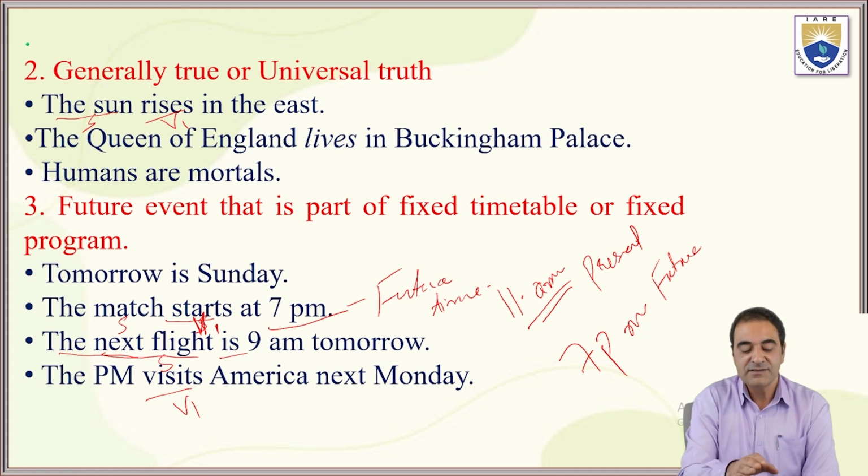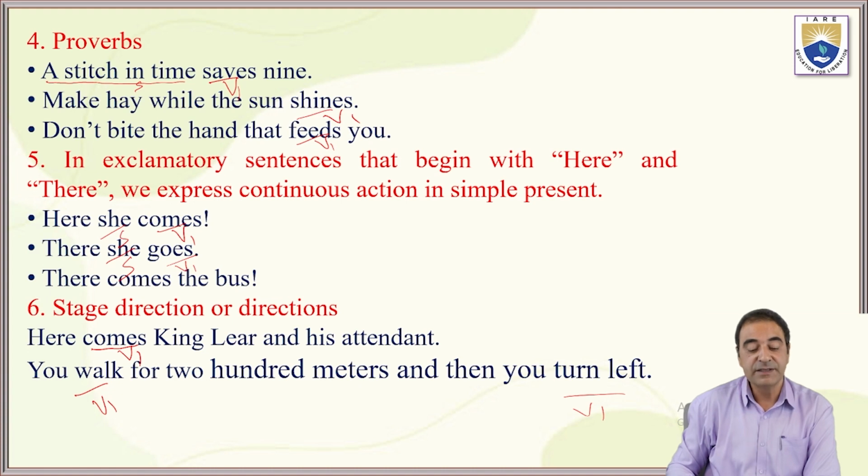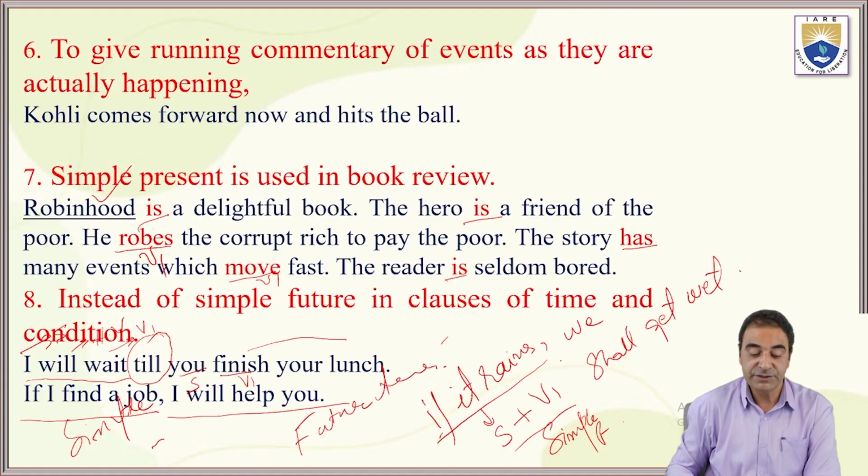Now, yes, of course, we use simple present tense to express a future event, but in some special cases. For example, here this future action or future event is part of a fixed timetable or a fixed program. That's why we use simple present tense instead of simple future tense.